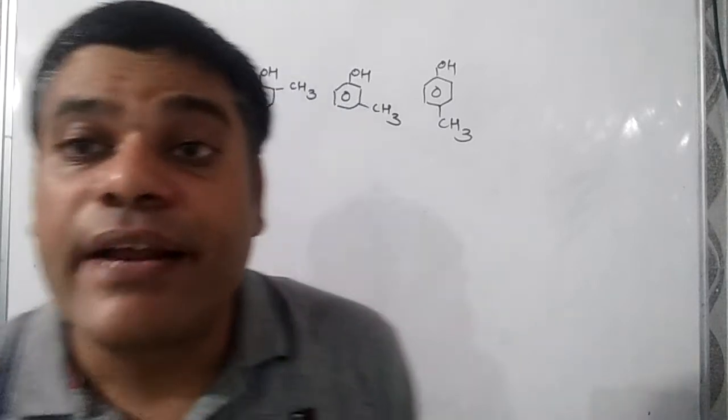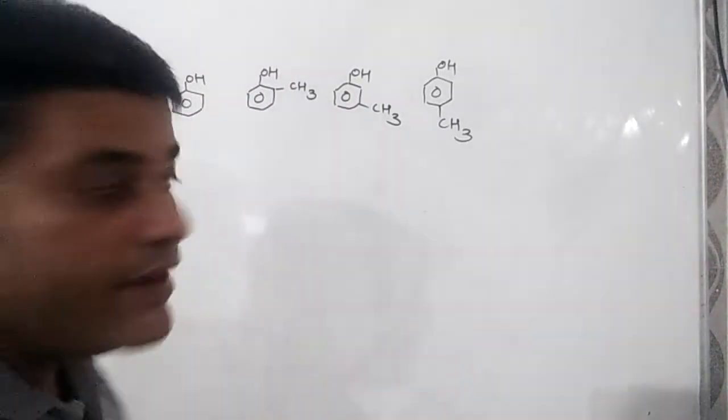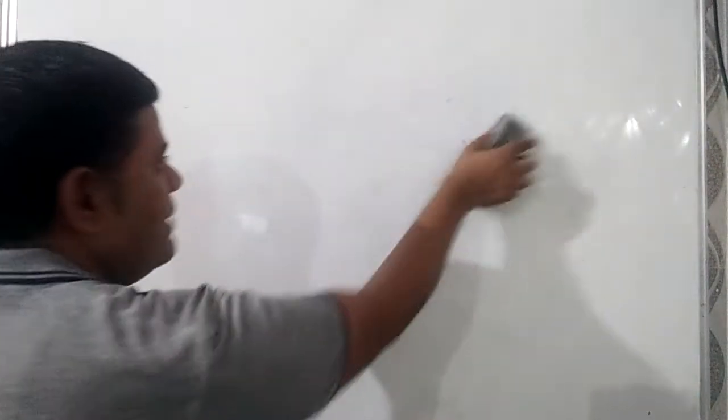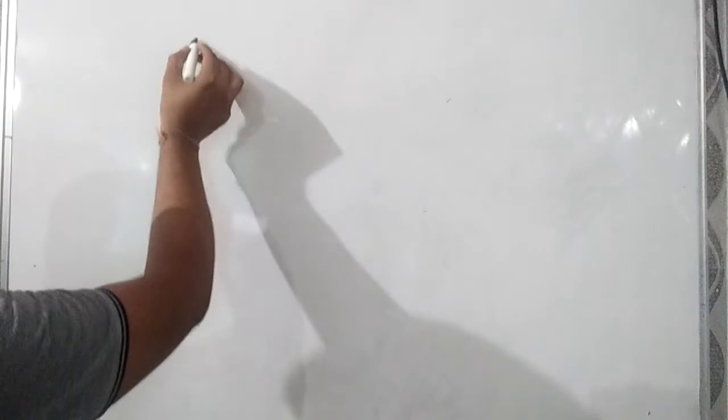Second will be reaction with active metals. As any acidic substance reacts with active metal to produce hydrogen gas, same way phenol can do so.